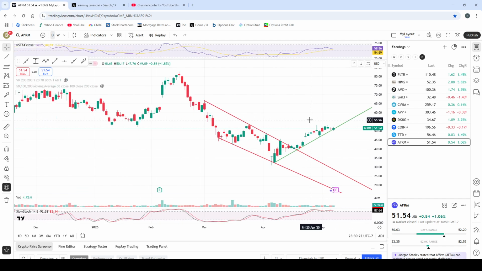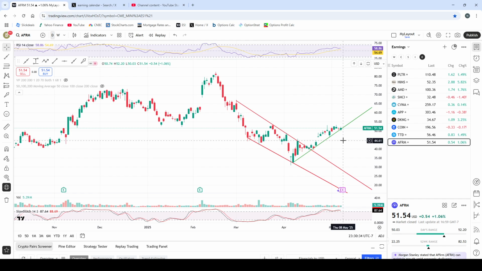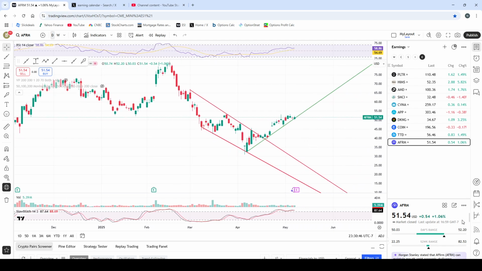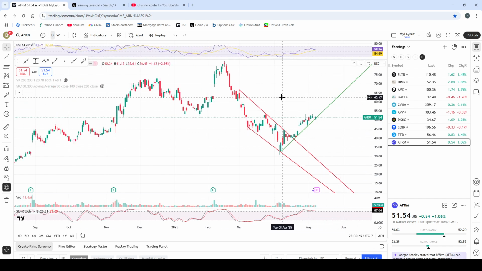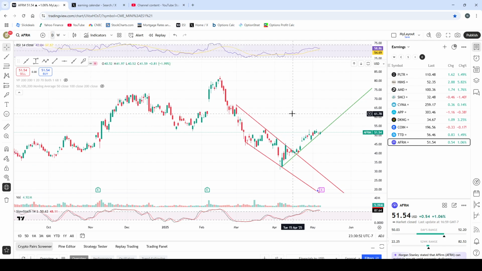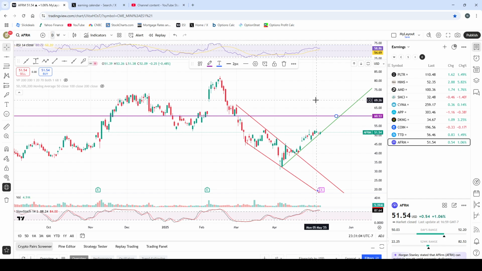And look at this, it's been bouncing for the new short-term trend and is positive. So this chart looks a little bit better now with Affirm. It needs good earnings, right? Then it will come up to about here, 60.53.